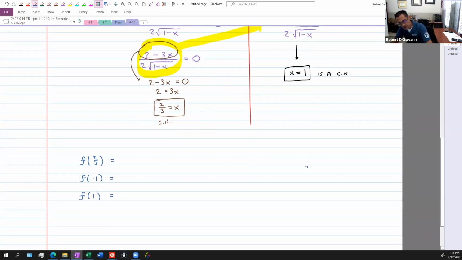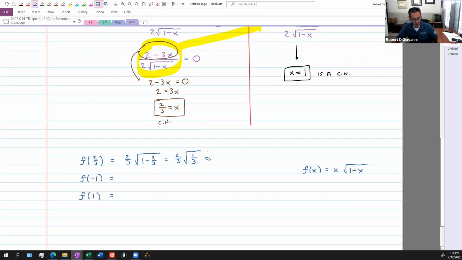The original function, I'll just remind you, was f of x equals x times square root of 1 minus x. So let's do this. If I plug in 2/3 for x, I get 2/3 times the square root of 1 minus 2/3, which is 2/3 times the square root of 1/3, which is going to be some decimal I'm going to get in a second.